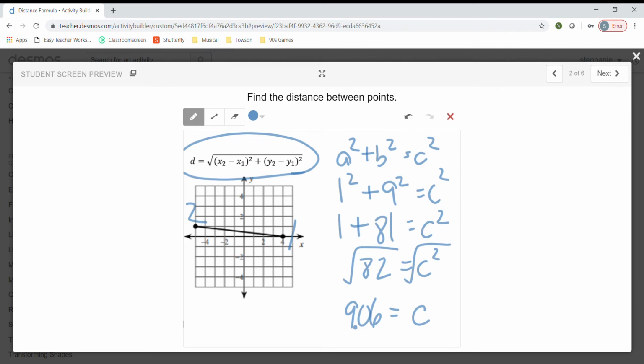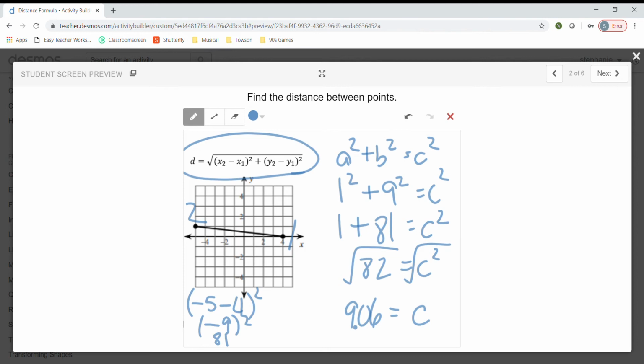So x2 on point 2, I'm going to go over, is -5 minus x1 is 4. -5 minus 4 is -9. And then I can square it. Well, when I do a negative, -9 times -9 is still going to be equal to 81, which is what we got when we did Pythagorean theorem.